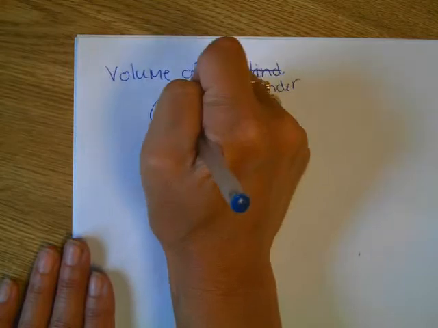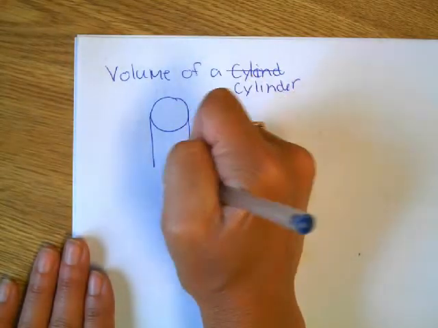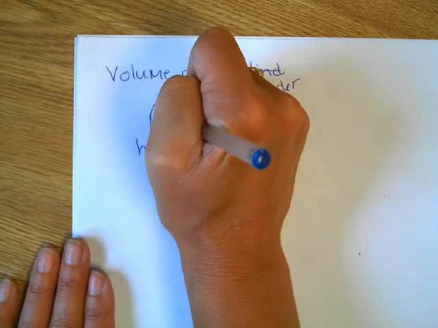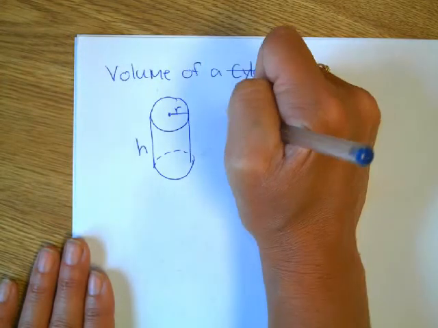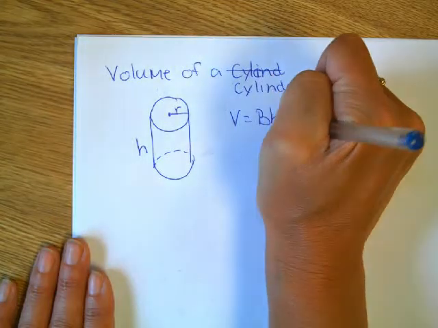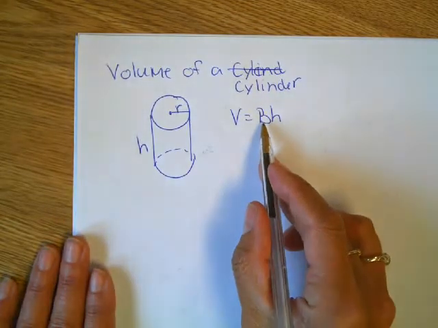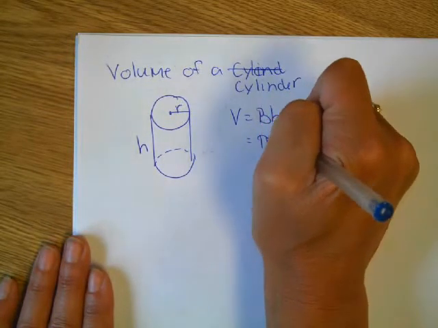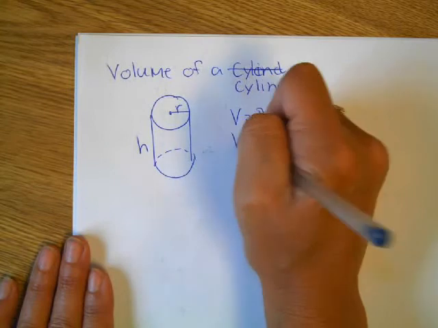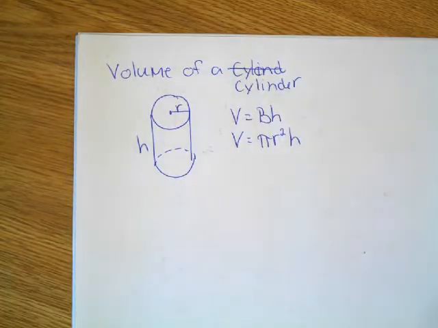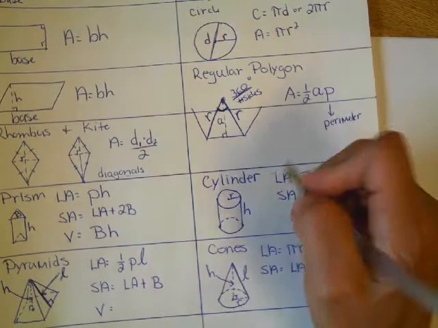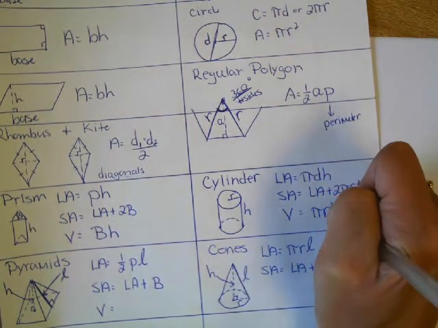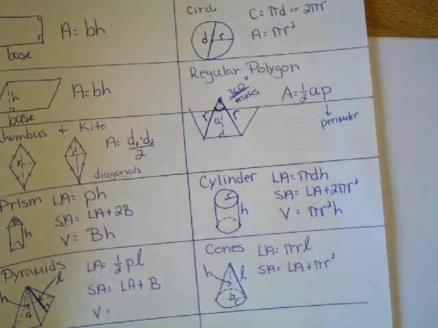You can think of it as a prism. But the base on a cylinder is always a circle, so we can replace big B with pi r squared. So the volume of a cylinder, filling that in, pi r squared h.